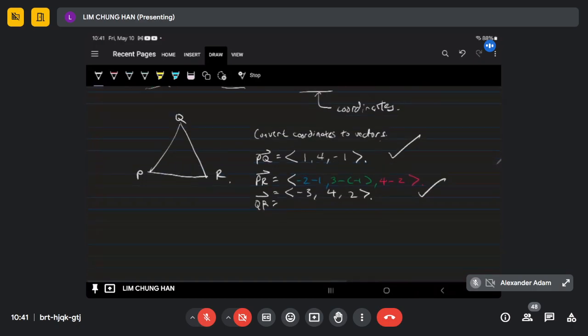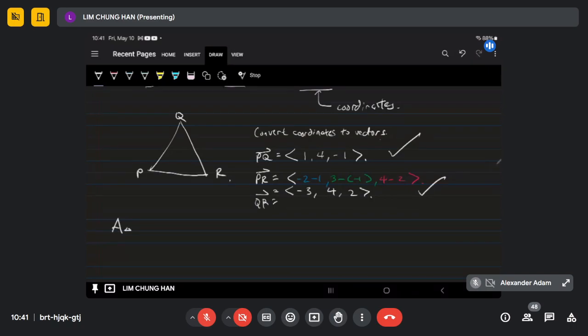What was the formula just now for area of triangle? It's half the magnitude of any two vectors multiplied together. Sorry, not multiply, multiplied through cross product. So in this case, it will be PQ cross PR.